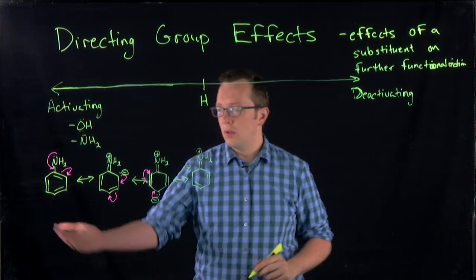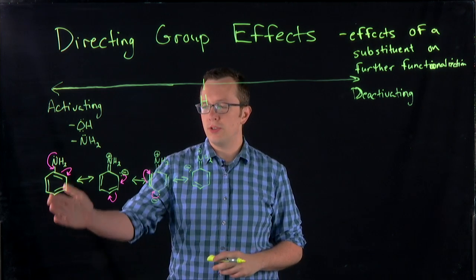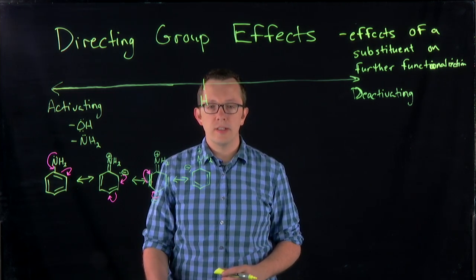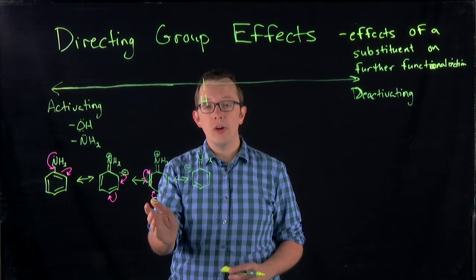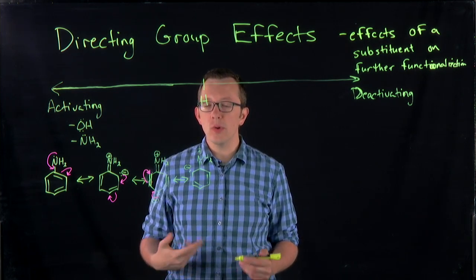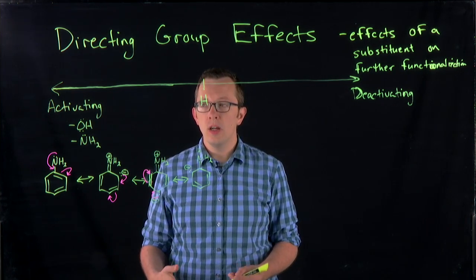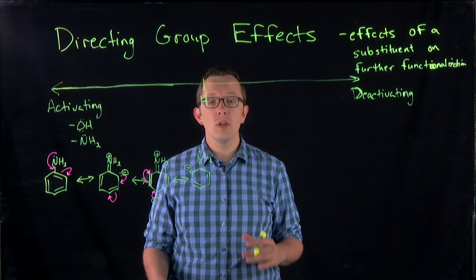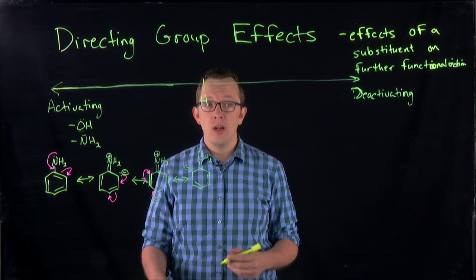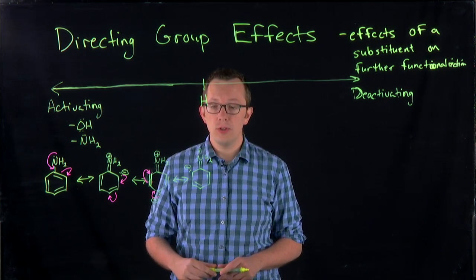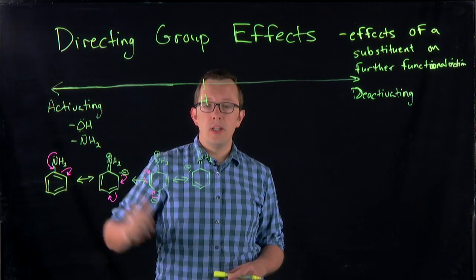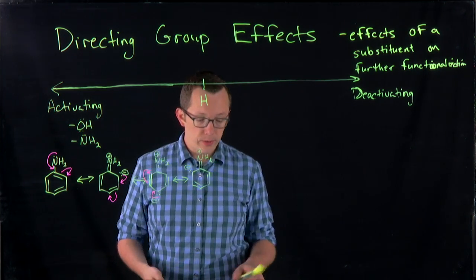Right? So by drawing out this resonance structure series, we can see that we put electron density at the ortho and the para positions. So we're increasing electron density there. So these positions are more likely to act as nucleophiles in our electrophilic aromatic substitutions. So we say that activating groups are ortho-para directors.